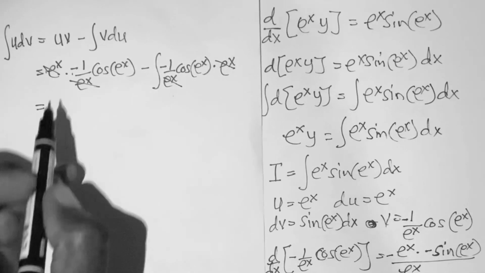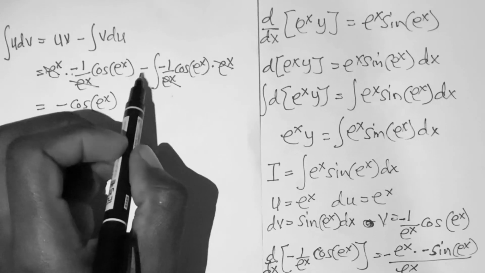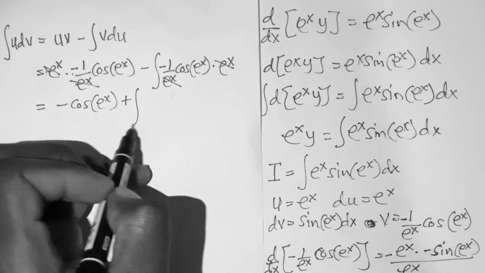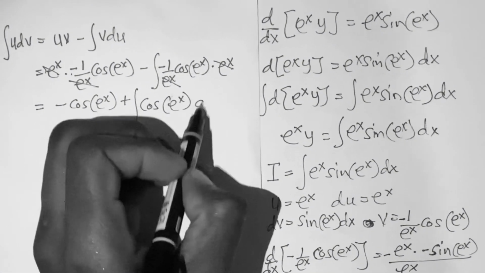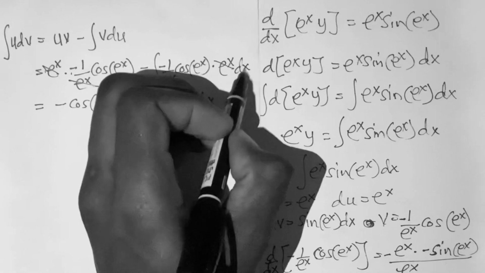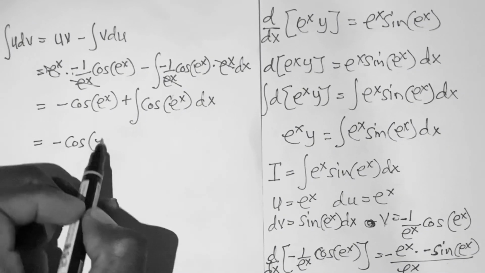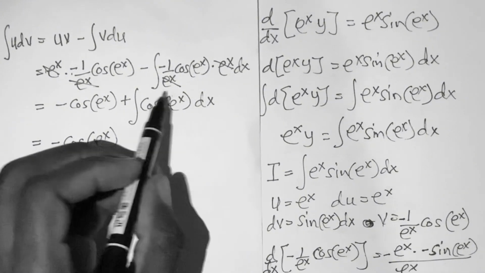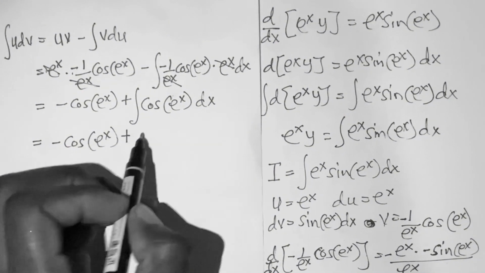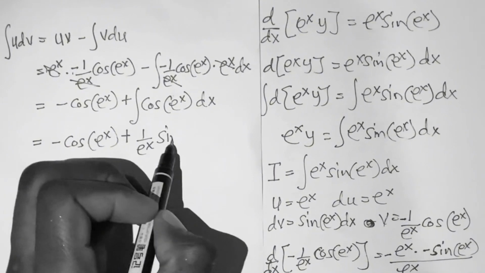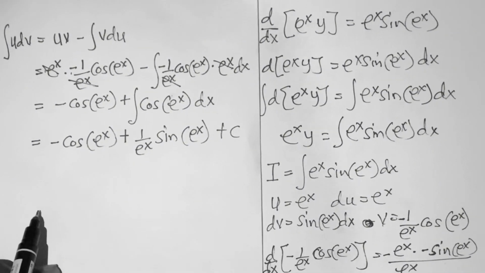So we are left with minus cos(e^x), then this minus and minus will make plus, plus the integral of cos(e^x) dx. Then if you integrate cos(e^x), you get plus 1 over e^x sin(e^x) plus the constant of integration, c.